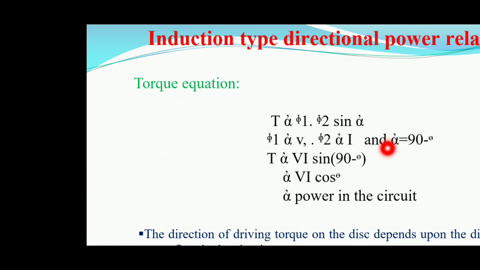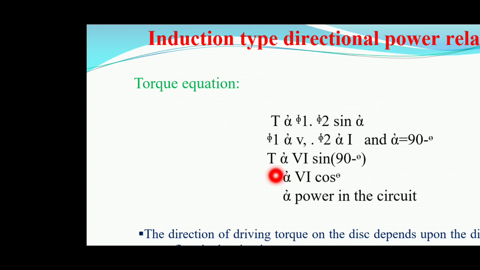Then alpha equals 90 minus theta, so the torque is proportional to VI sin(90 minus theta), which is VI cos theta, the power. Then the torque is proportional to the power in the circuit.